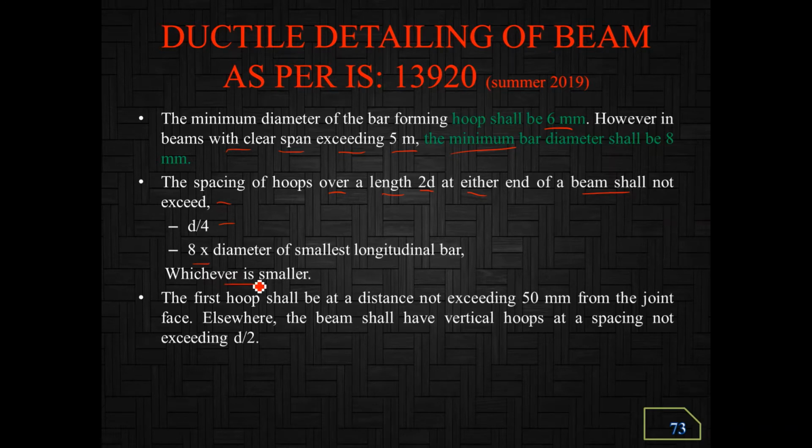So this is the spacing between the stirrups. The first hoop shall be at a distance not exceeding 50 mm from the joint face. Elsewhere, the beam shall have vertical hoops at a spacing not exceeding d/2.